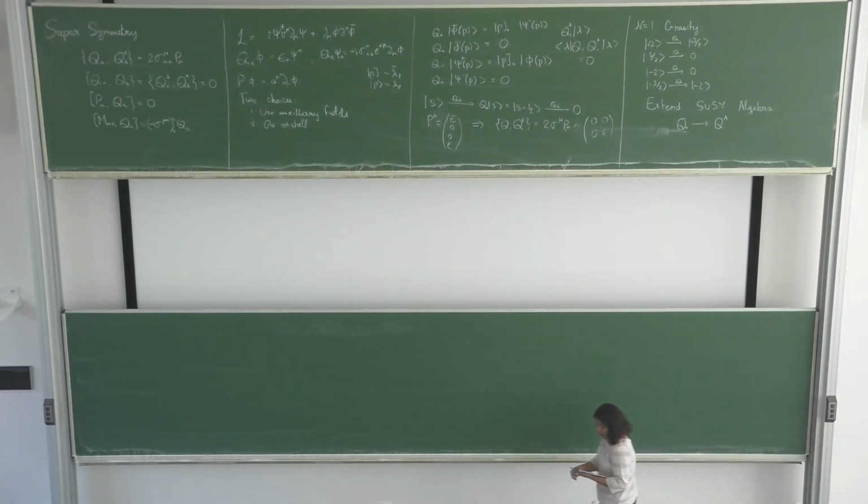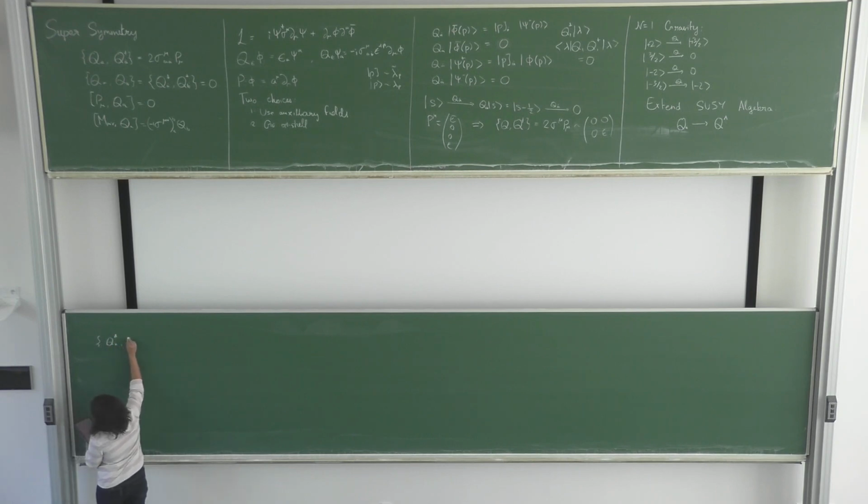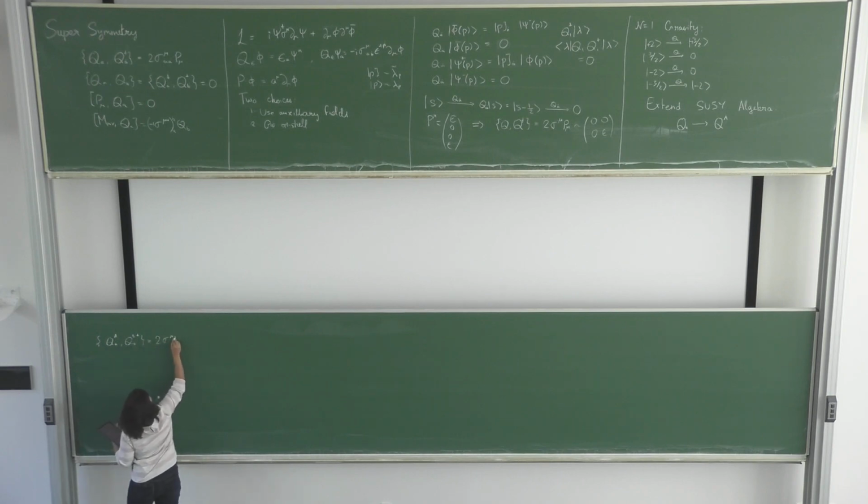Okay, so this index is often called an R index, and obviously adding this index is not going to change your first commutation relation. So it's going to be the same, except now with a delta AB.